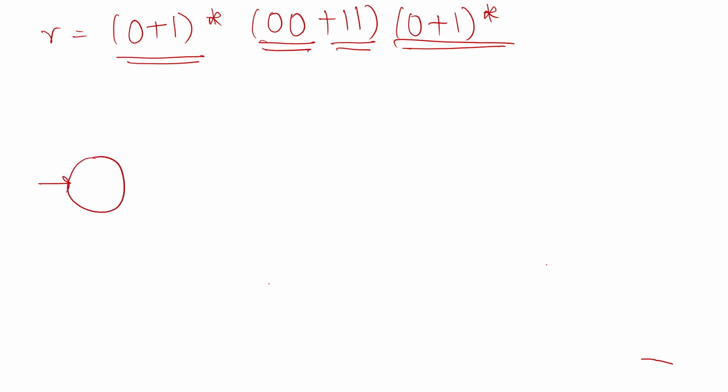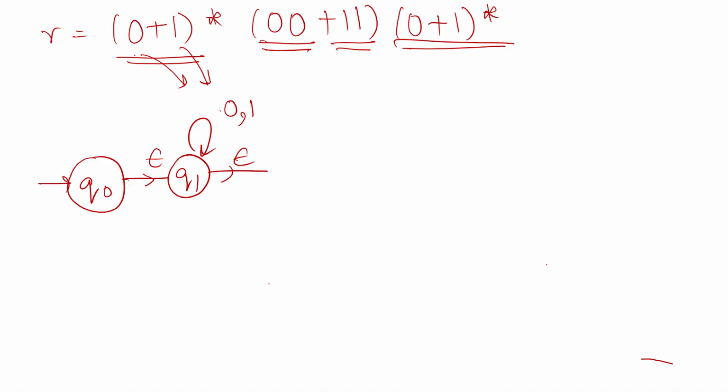See, this will be Q0. Then after that, we don't want any string, but we still go to Q1. Then I'll have a self loop of 0 and 1. So either 0 can come or 1 can come, or an empty string. If it's an empty string, it will still reach Q1. And after that, without any string also, we reach Q2. Now, important: I can't have the same path for 00 and 11.